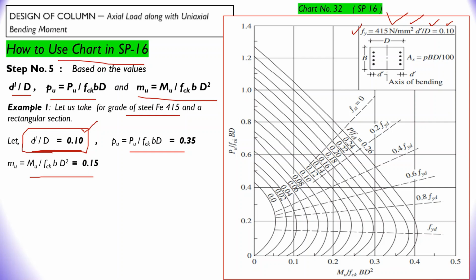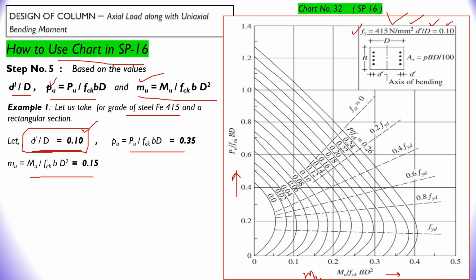Based on various curves, you can see a number of curves here. Along the x-axis, you can see Mu by fck b d square, that is small mu. Along the y direction you will find the formula that gives you the value Pu.